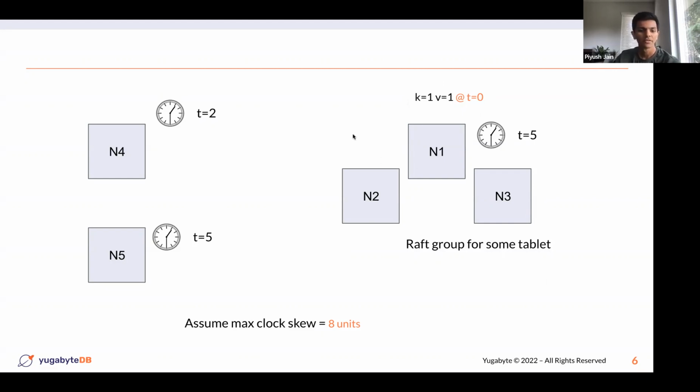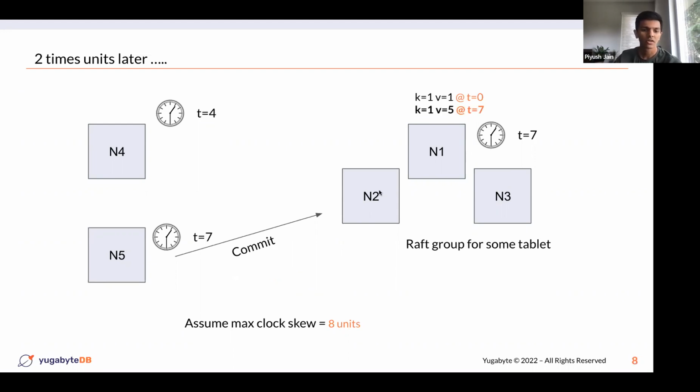Given this system, let's assume some user connects to n5, like YSQL on n5, and tries to do a write. The write is going to update the column v to 5, and the write happens at t equals 5 as part of some transaction. Now, this is going to be a provisional write at t equals 5. I'm not showing it here. It's a provisional write. It's somewhere there.